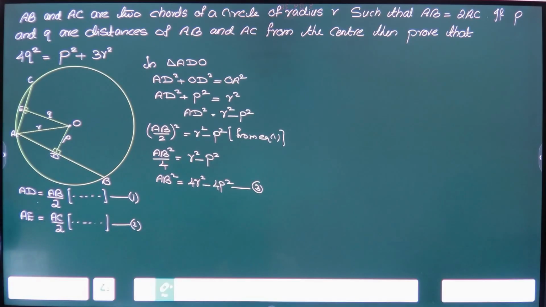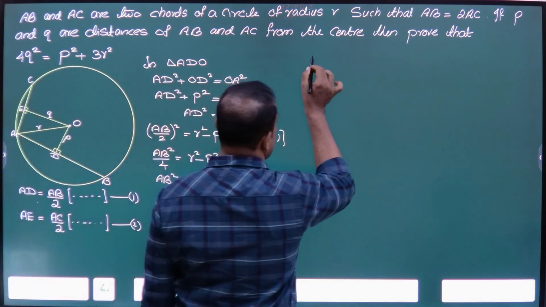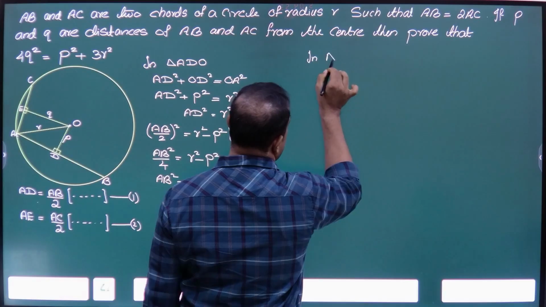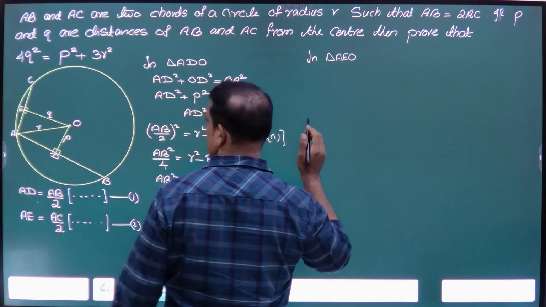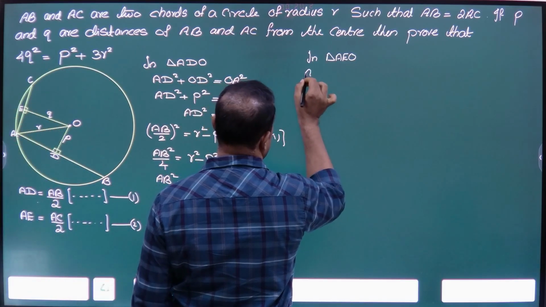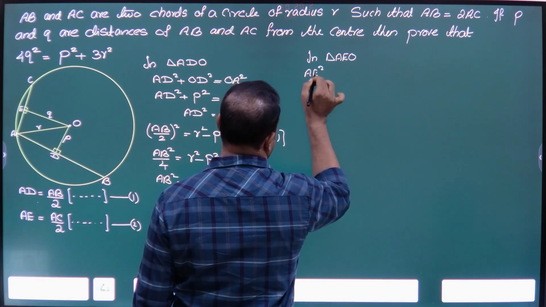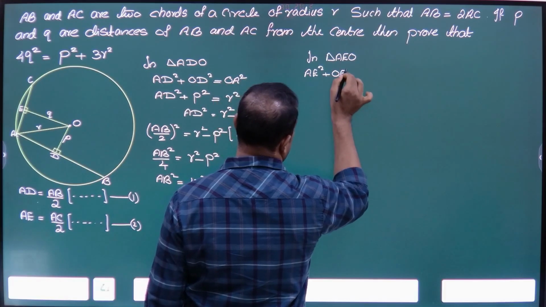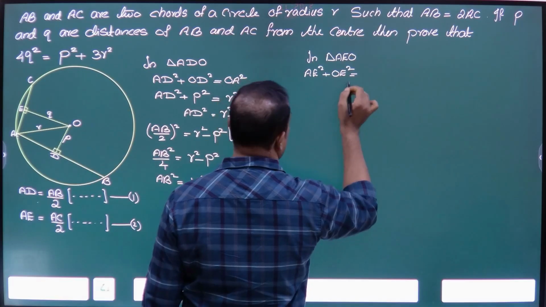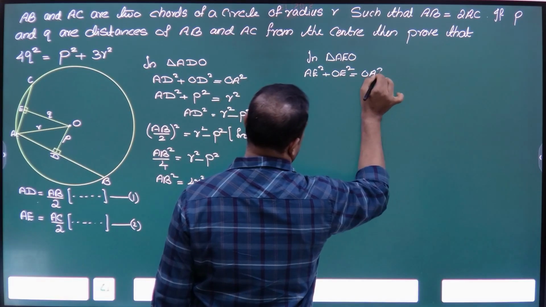Same way, we are going to apply Pythagoras theorem in triangle AEO. AE square plus OE square is equal to OA square.